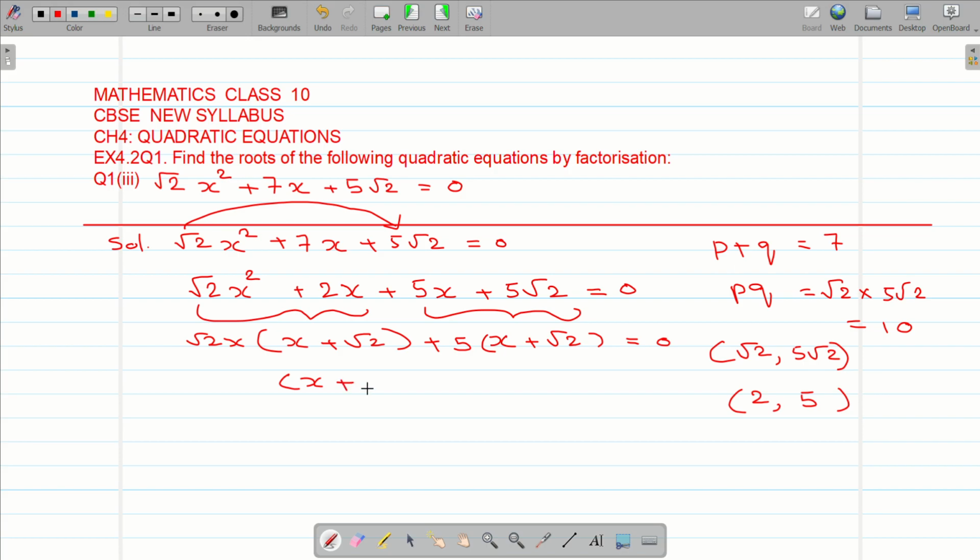So (x + √2)(√2x + 5) = 0. So x + √2 = 0, or √2x + 5 = 0.